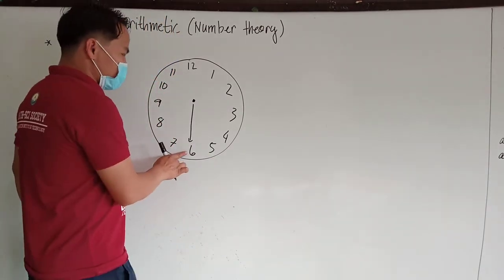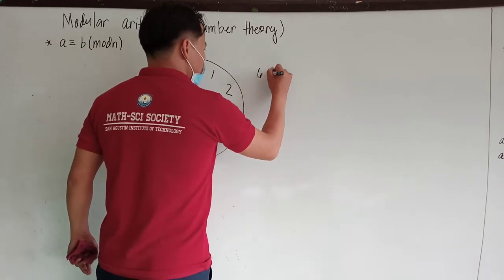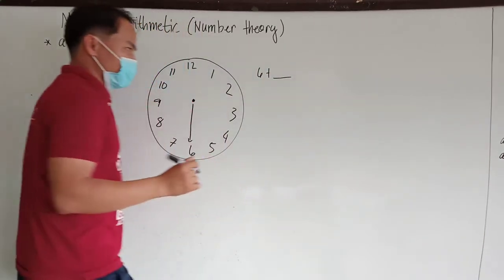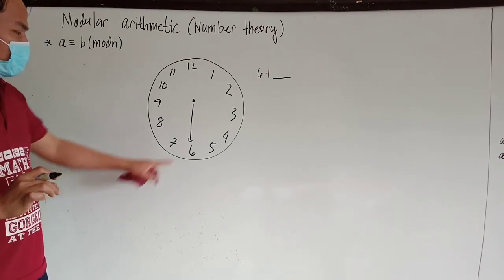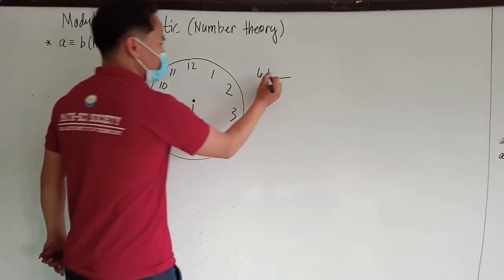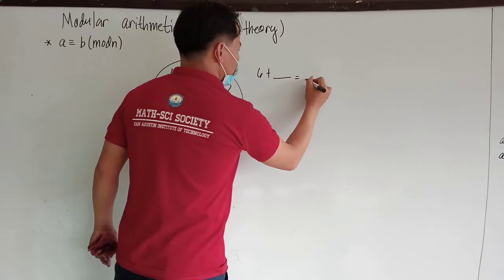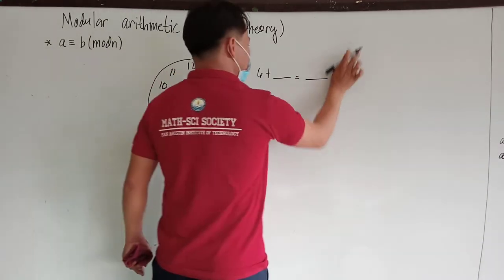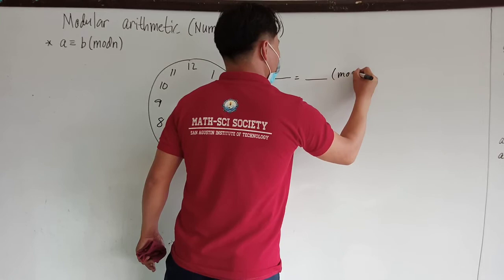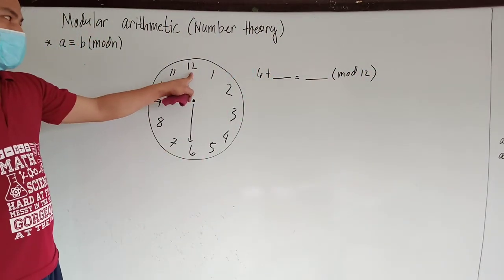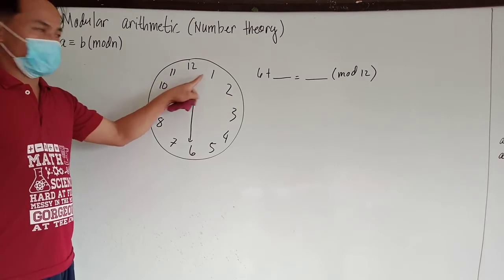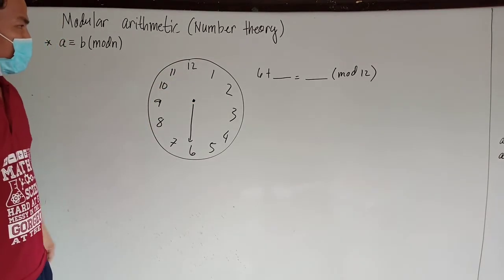Of course, because we have 6, that is 6 plus the hours added after this given time, equal to the remainder mod 12. Why mod 12? Because the hours on the clock are only 1 to 12.